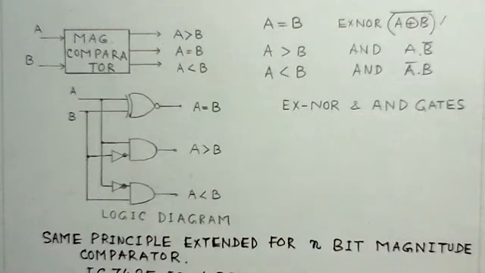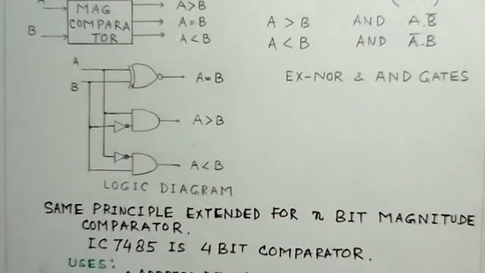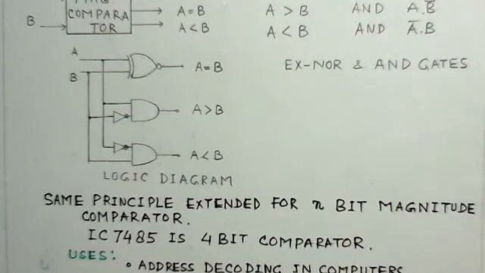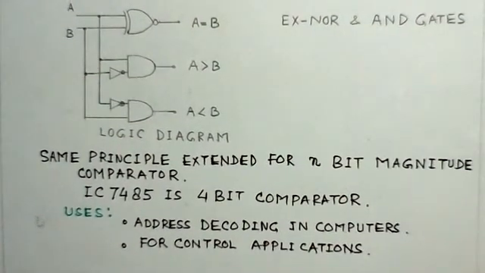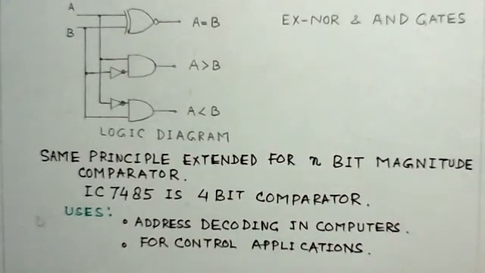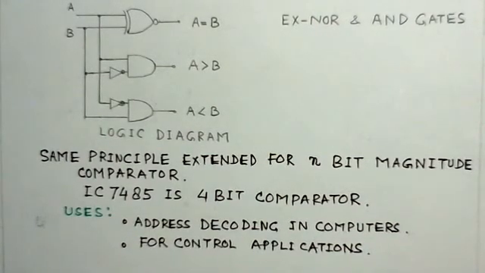IC 7485 is a 4-bit comparator. Comparators are used for address decoding in computers and for control applications. These have been some of the applications for comparators. What we notice is that when these comparator circuits compare 2 bits, a 2 by 2 bit comparator, or a 4 bit by 4 bit comparator, the corresponding truth table is normally very unwieldy.